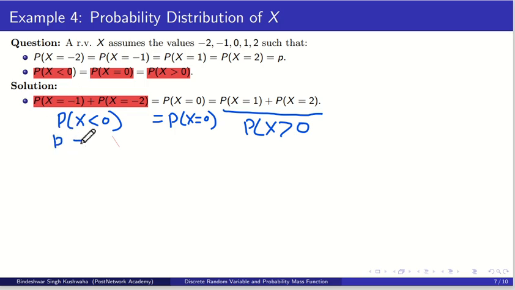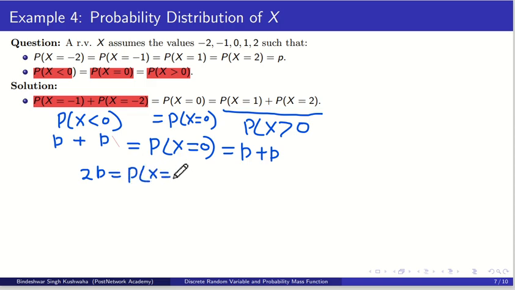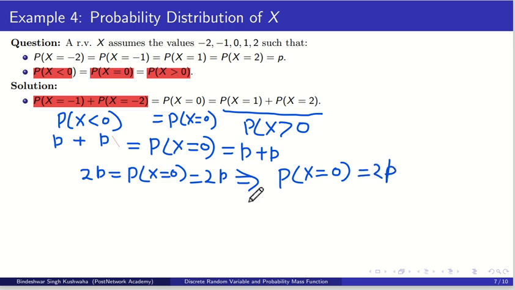So P plus P, that is equal to P(x=0), and here also P plus P. So 2P is equal to P(x=0). 2P also, that means P(x=0) is 2P, right?